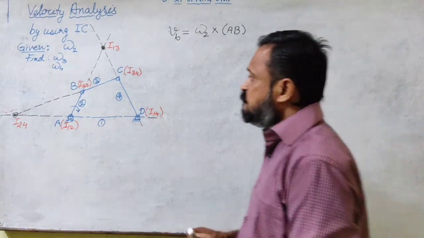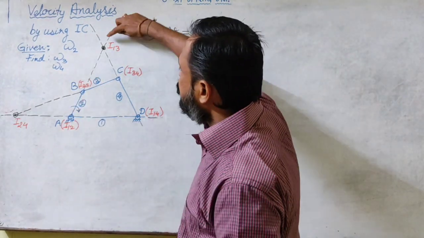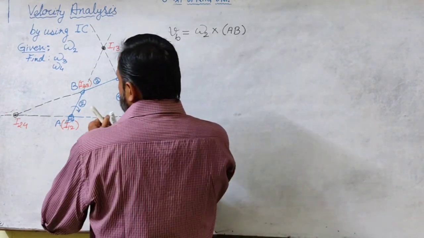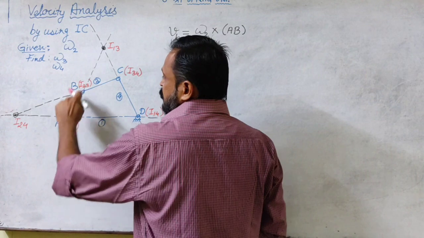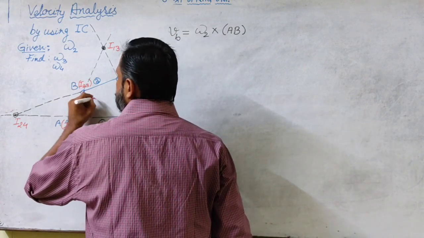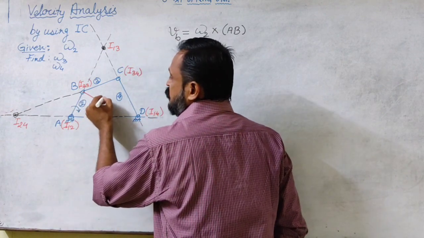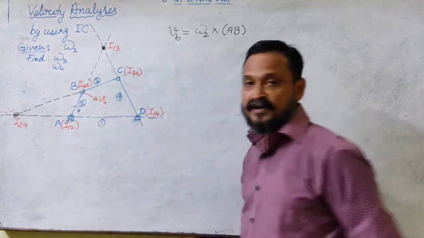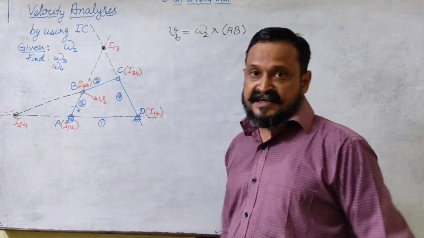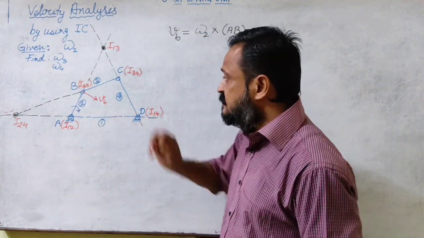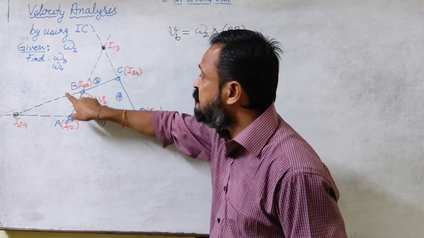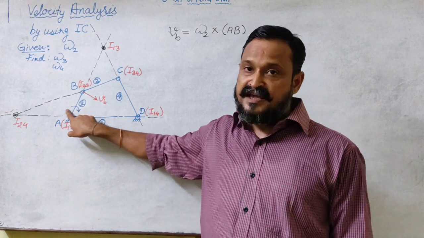Now if we see the velocity vector, it will be perpendicular to the link AB, and it is turning in this direction, so I can say this is the velocity of B with respect to A. Now these are instantaneous centers, that means in this instant B is having motion when we are considering B on link AB.